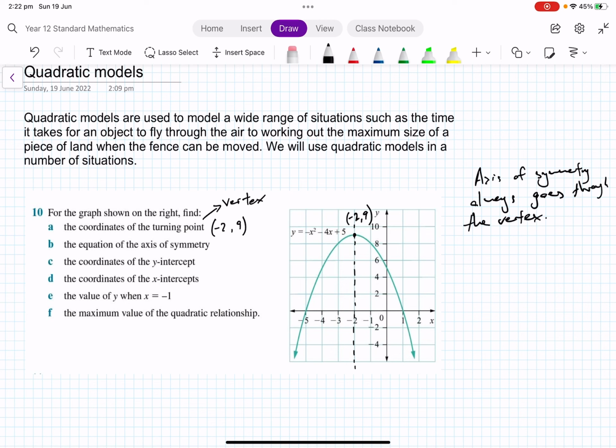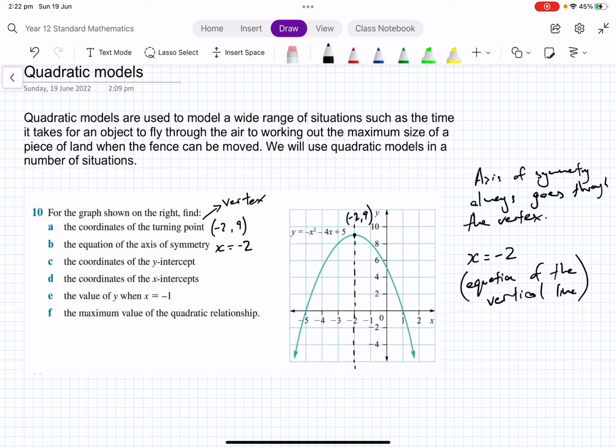So the equation of this is x equals -2. A vertical line is always x equals something, and this one goes through -2. So that's the equation of my vertical line: x equals -2.